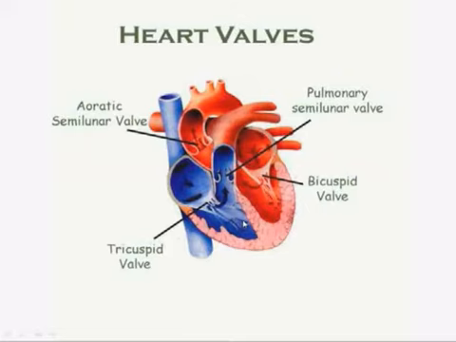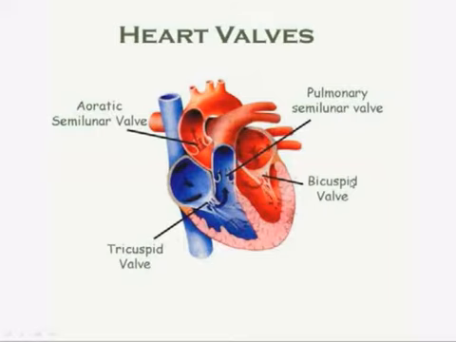Similarly, on your left side, between the left atrium and left ventricle, you have a bicuspid valve. The bicuspid valve is also called the mitral valve. So on the right side you have the tricuspid valve, and on the left side you have the bicuspid or mitral valve, which will allow only one directional flow of blood and will not allow the backflow of blood.